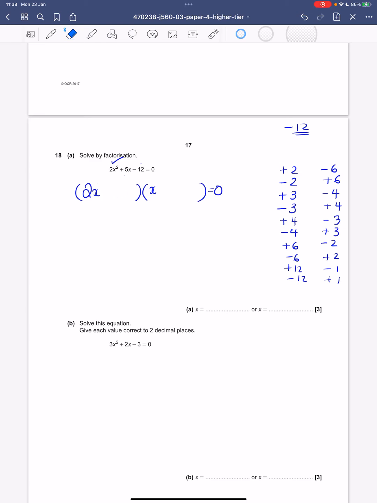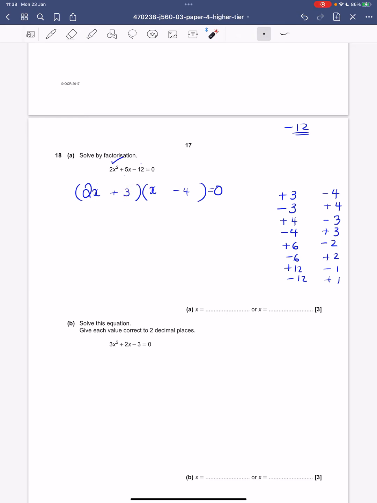Okay, plus 2, minus 6. So we've got minus 12x plus 2x, minus 10x. That's no good. Next one, minus 2, plus 6: plus 12x minus 2x is 10x, not 5x. So that was no good. Let's try 3 and 4, plus 3, and then minus 4.